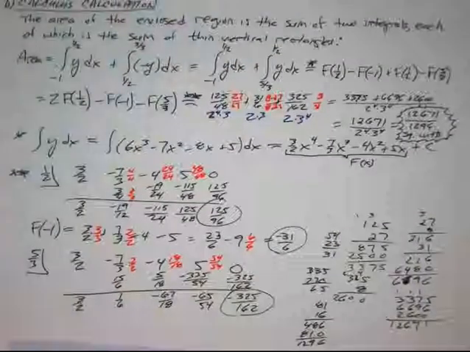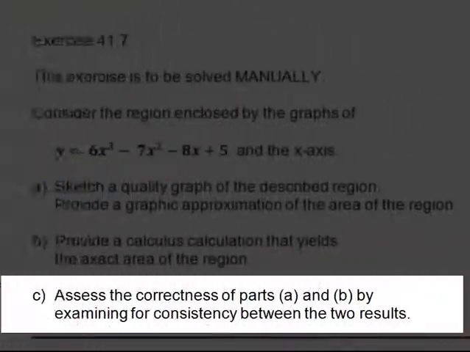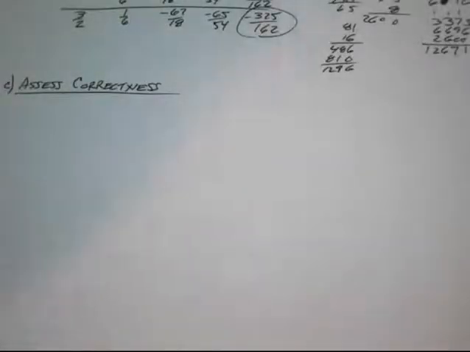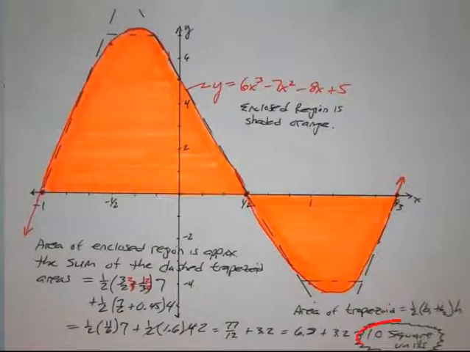Okay, there is our calculus calculation. Wow. Part C. Assess the correctness of parts A and B by examining for consistency between the two results. Okay, to assess correctness, we want to side-by-side compare our two results thus far. First, look back at that graphic approximation we had. It was 10.